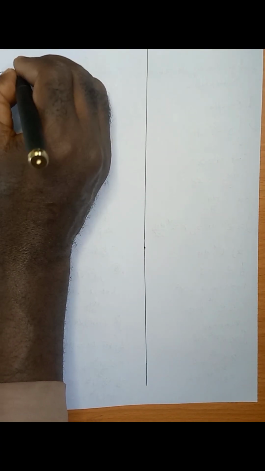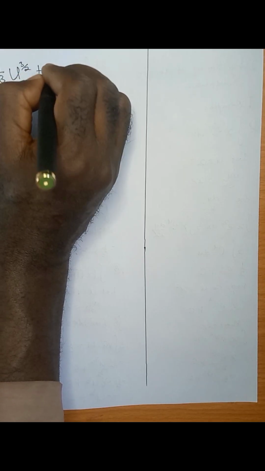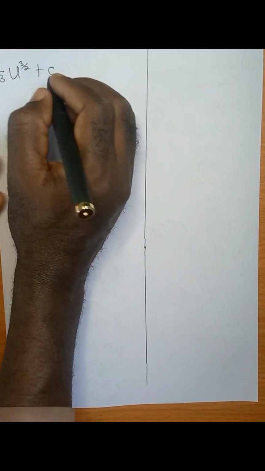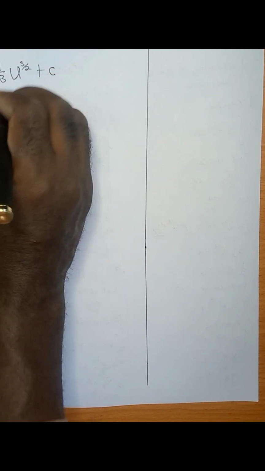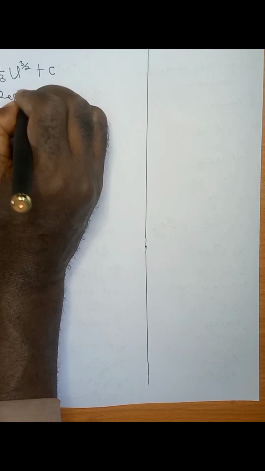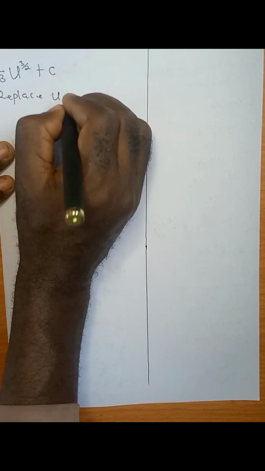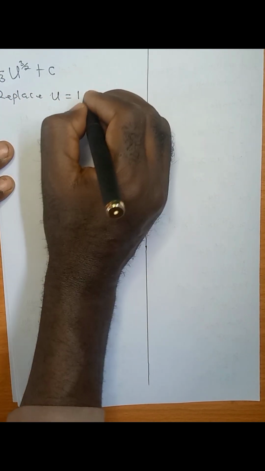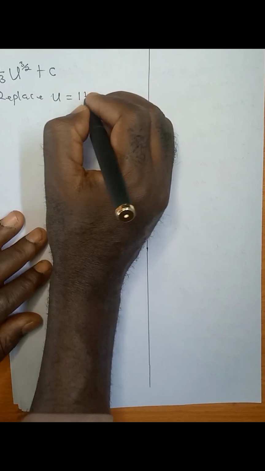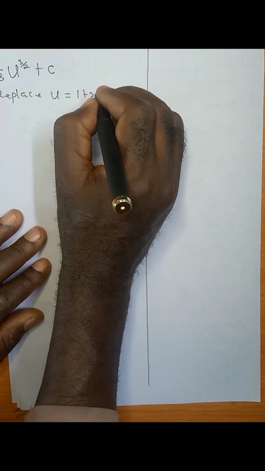Then we have 1 over 3 u raised to power 3 over 2 plus the constant of integration. Then we now replace our u, which is equal to 1 plus x squared.